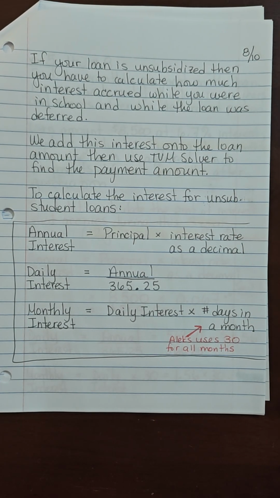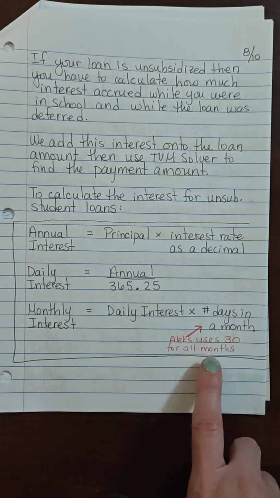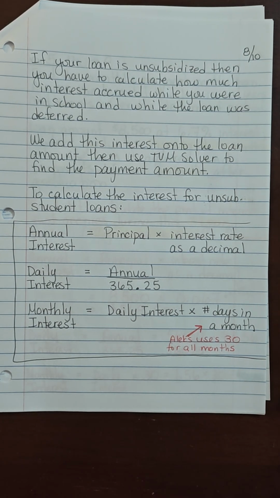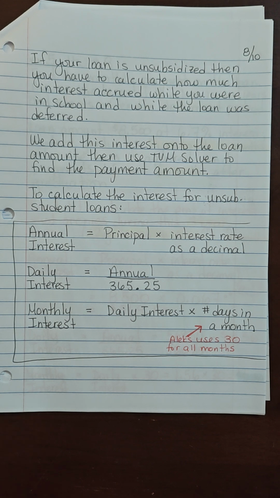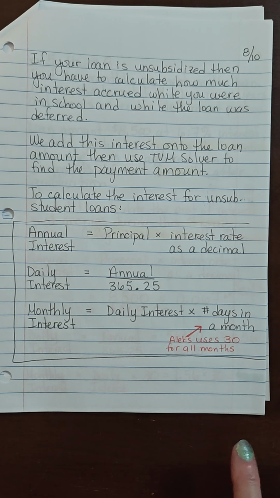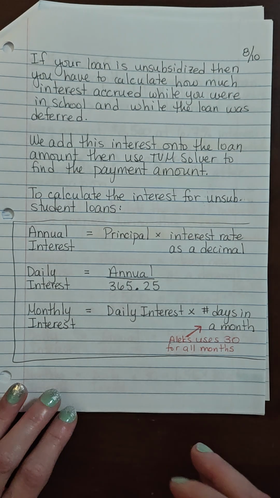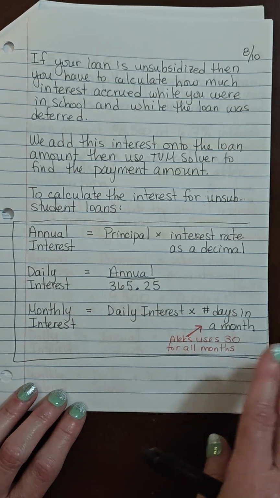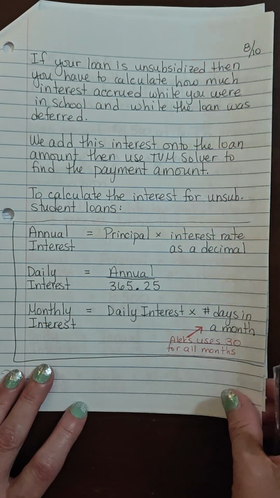However, Alex goes and uses 30 days for all the months, even though in the real world, when your student loan company is figuring out your interest, it's not going to just use 30. It's going to use however many days are in that month. But anyway, this is what we're going to follow.